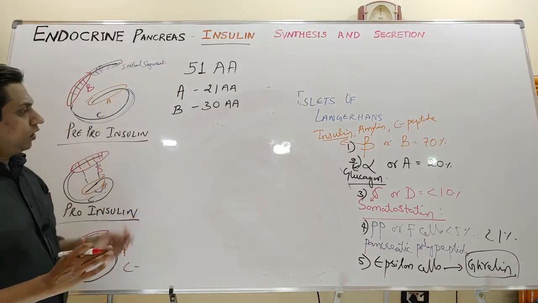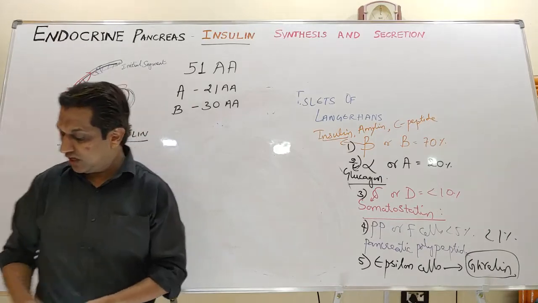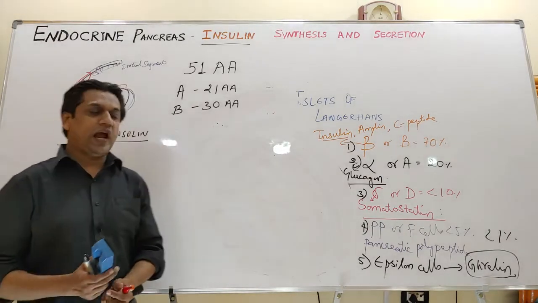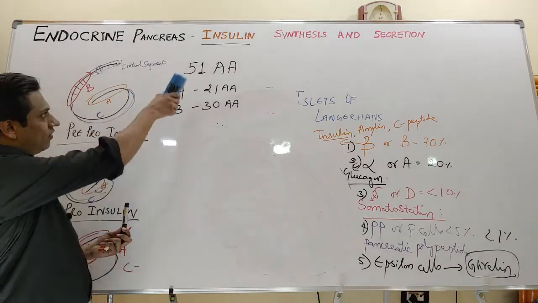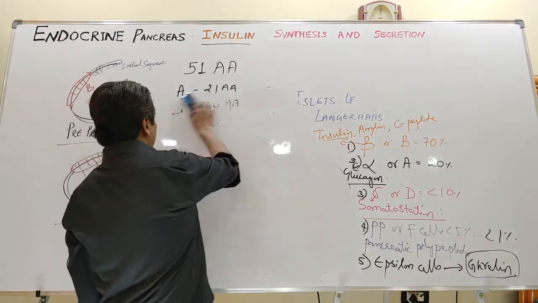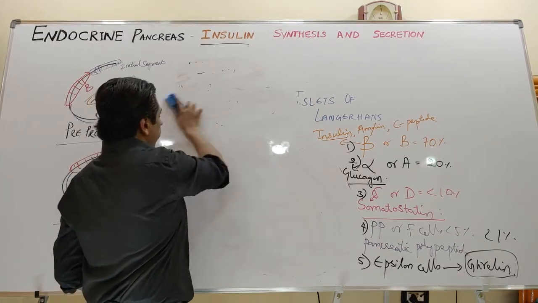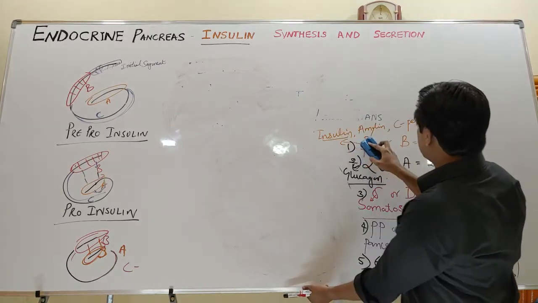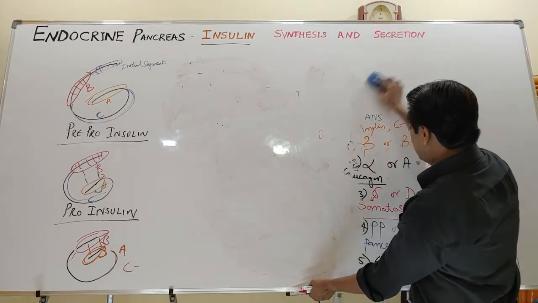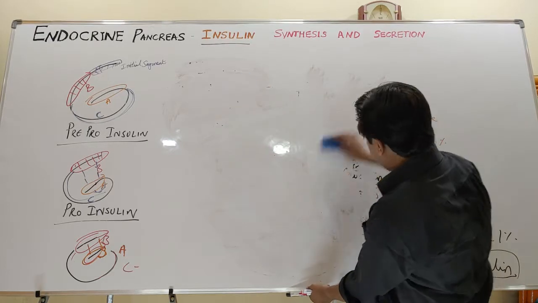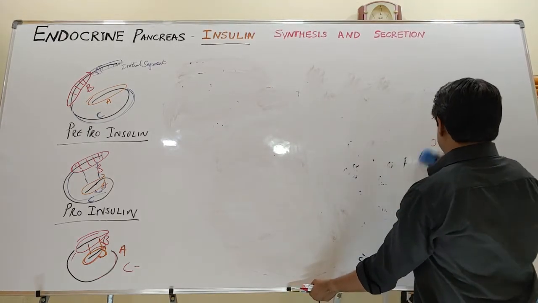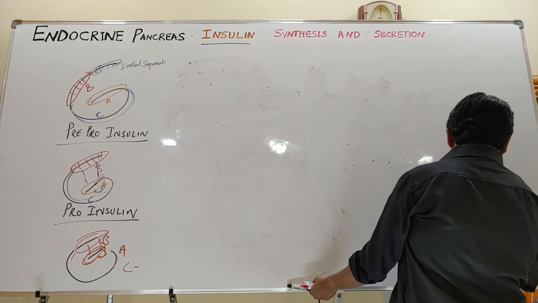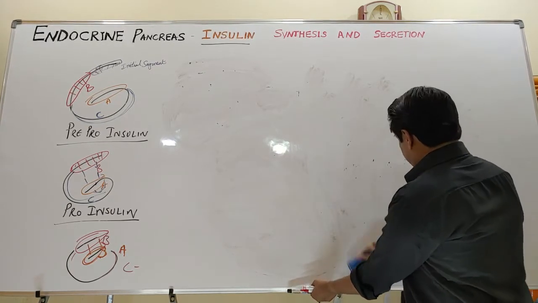Okay, now let us consider one single beta cell, and how insulin is synthesized and secreted from a beta cell. So I'm going to draw a beta cell now. From the islets of Langerhans, we'll draw one beta cell and study how insulin is synthesized and secreted from it, and understand some related physiological points.